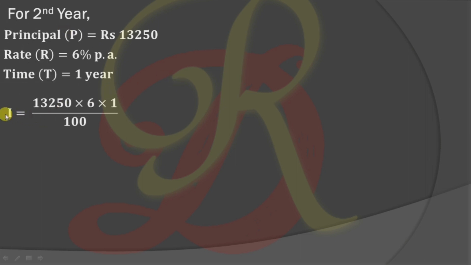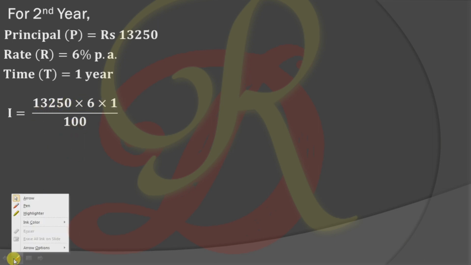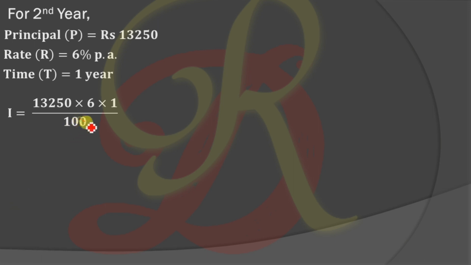Now similarly we will calculate interest. P into R into T whole divided by 100. So the zeros will get cancelled. 2 3s are 6, 2 5s are 10, 5 1s are 5, with the 5 2 is 10, 5 6s are 30, 5 5s are 25.